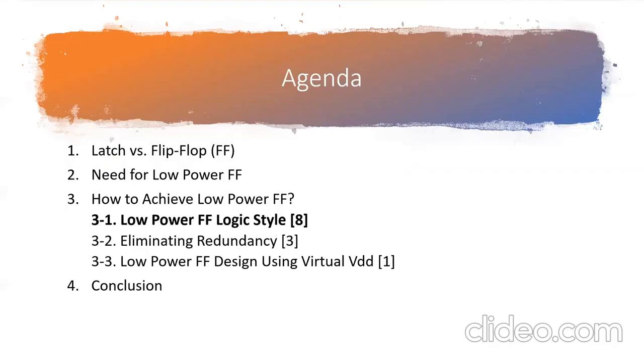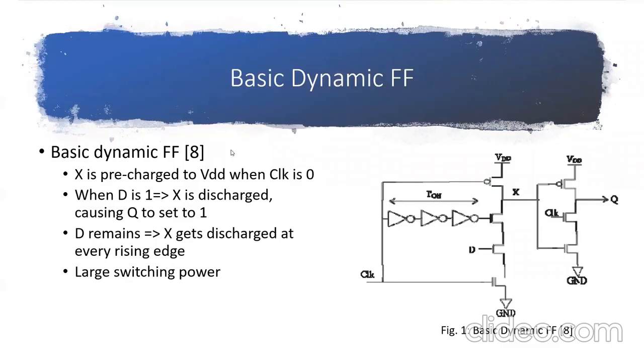The first design to present is a low power flip-flop logic based on the basic dynamic flip-flop. The basic dynamic flip-flop in figure 1 is shown on the right. To briefly describe the system, X in the middle right here is precharged to VDD when the clock signal is 0.